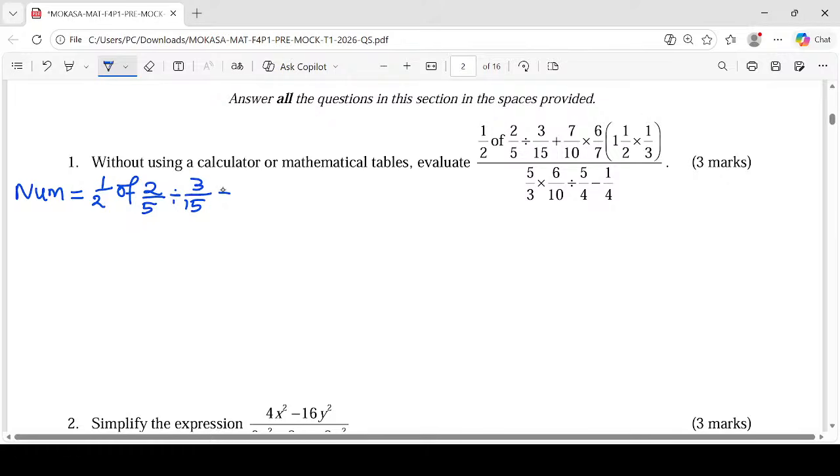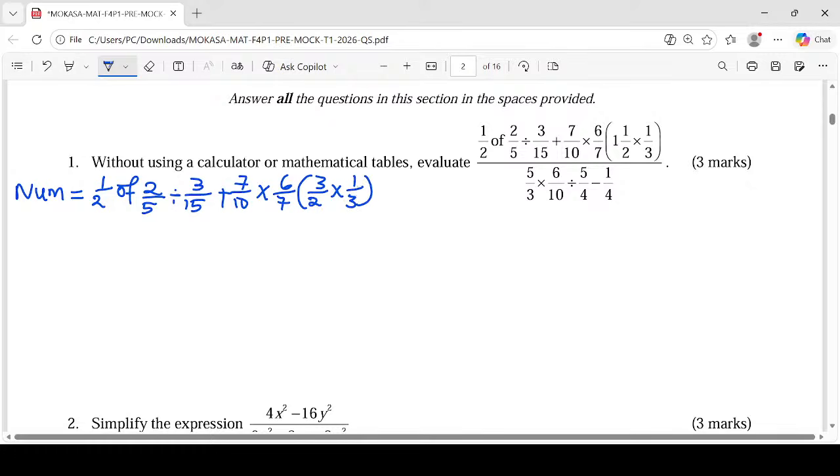This one you add to 7/10. Then you multiply by 6/7 into brackets. 1.5 is like saying 3/2 multiplied by a third.